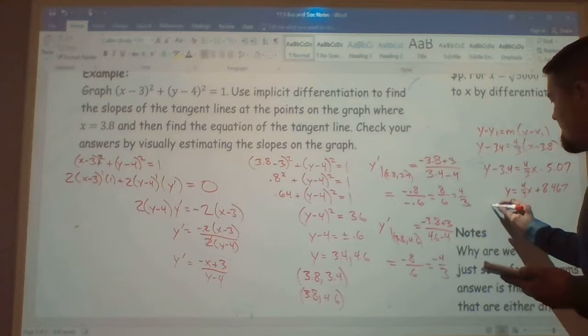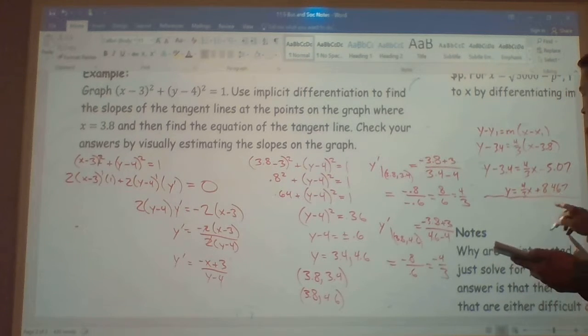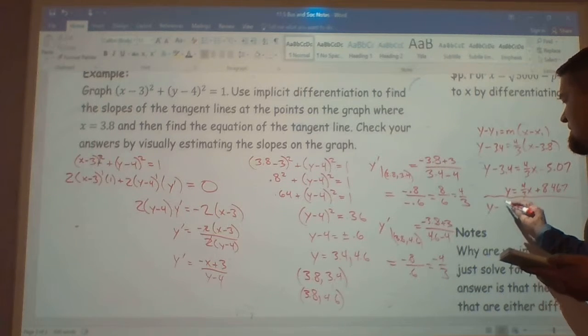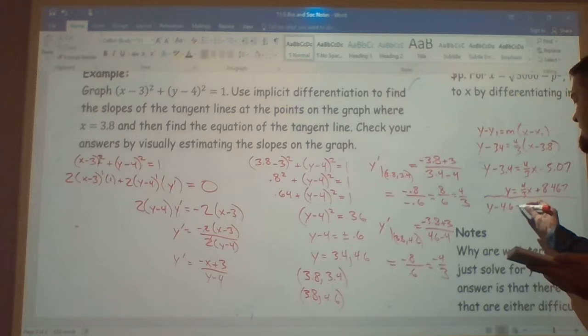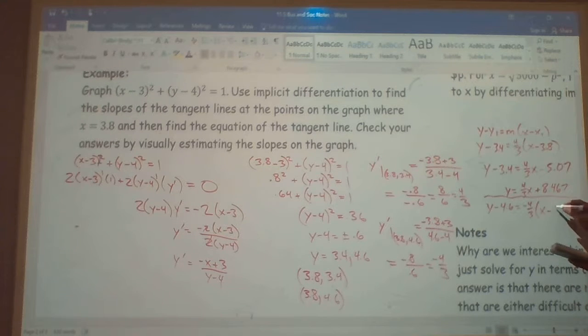I could do the same thing with y minus y1 for the second one, right? So it's going to be y minus 4.6 equals negative 4/3 times x minus 3.8.